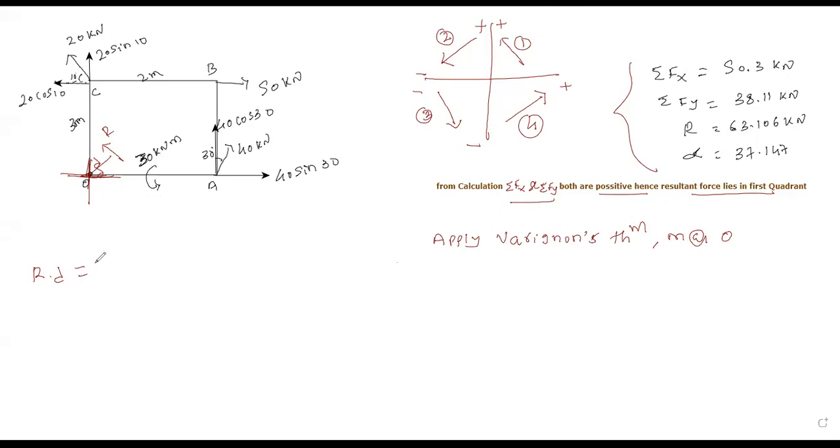I am talking about the left side. If I am taking anti-clockwise as positive on the left side, by default clockwise becomes negative on the left side.